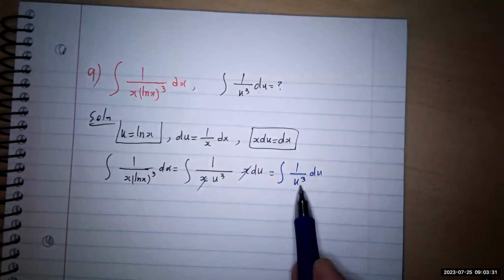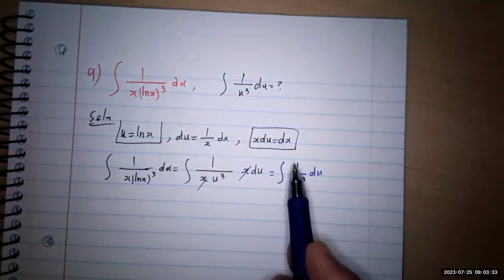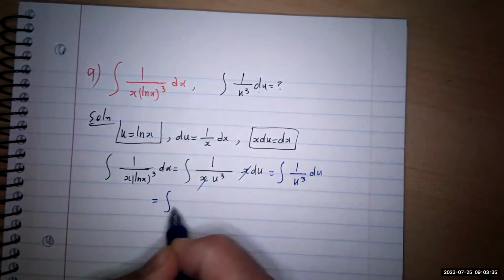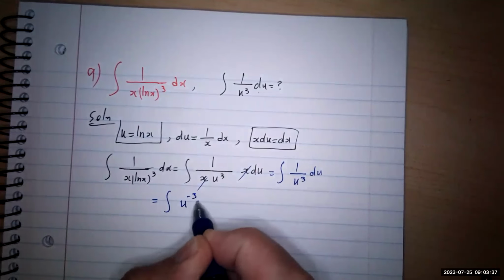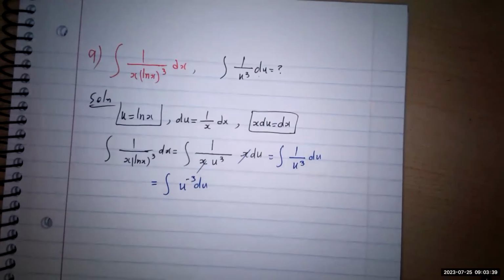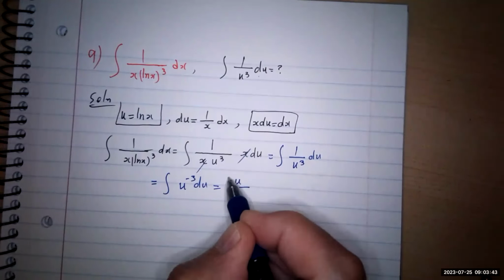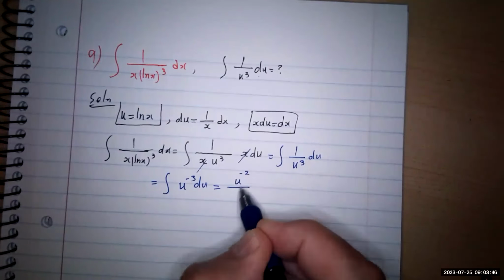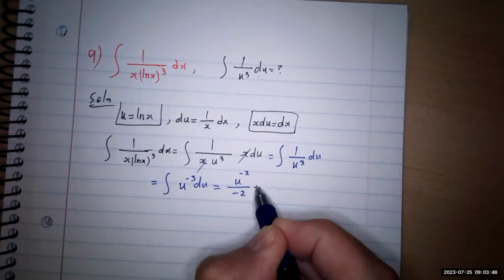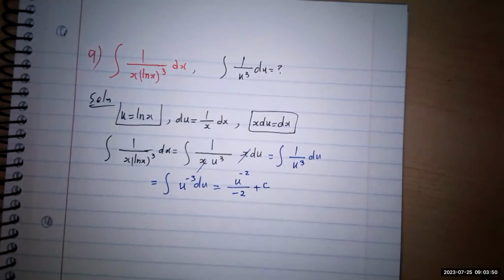But you know that since there is a power to integrate it, you have to move it up. So it's going to be the integral of u to the negative 3 du. Now, power up, so u to the negative 3 plus 1 would be negative 2, over negative 2, plus the constant c. But you have to take care of it.